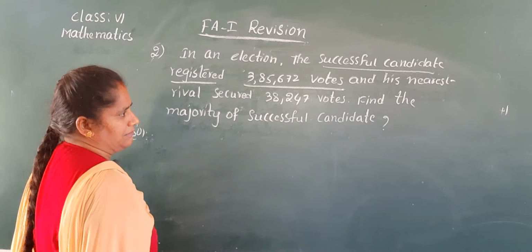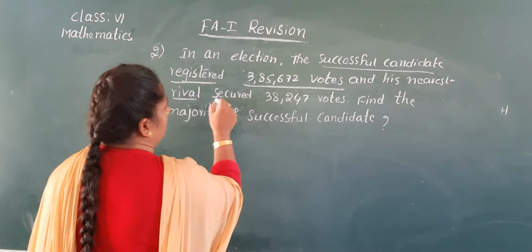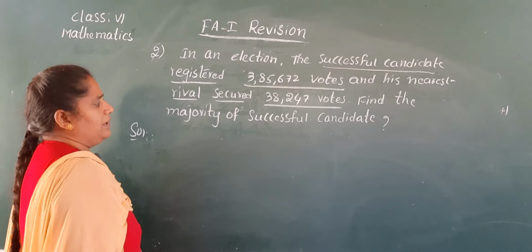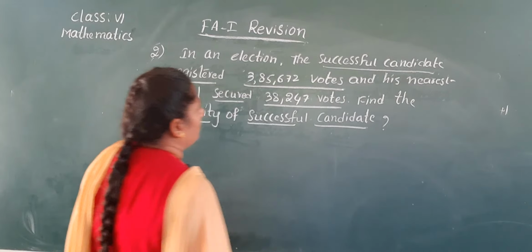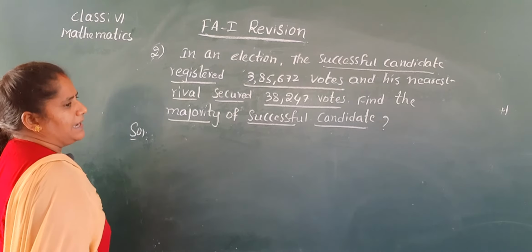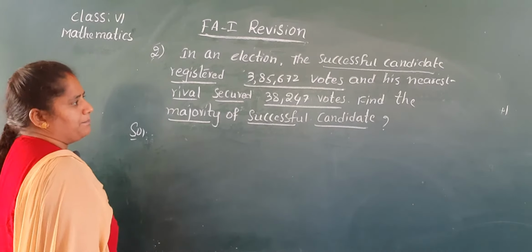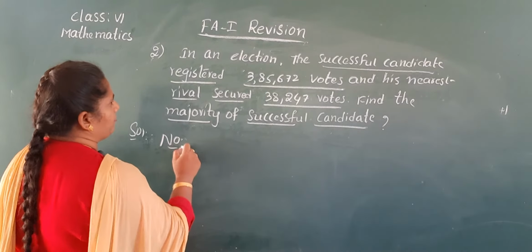I changed this number. Okay? And his nearest rival secured 38,247. Then find the majority of the successful candidate. How do we get this answer? As by doing addition or subtraction or multiplication? Yes, by doing subtraction. Come on, tell me the first step.